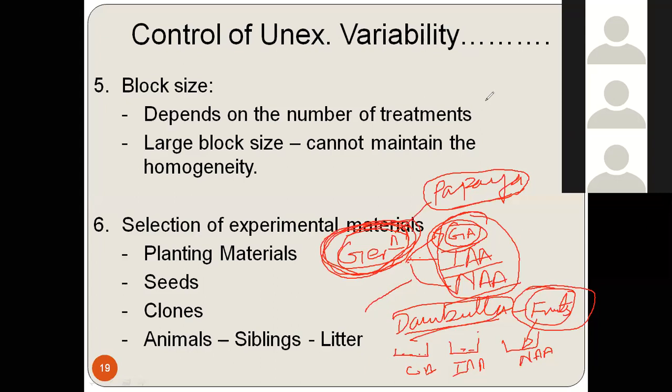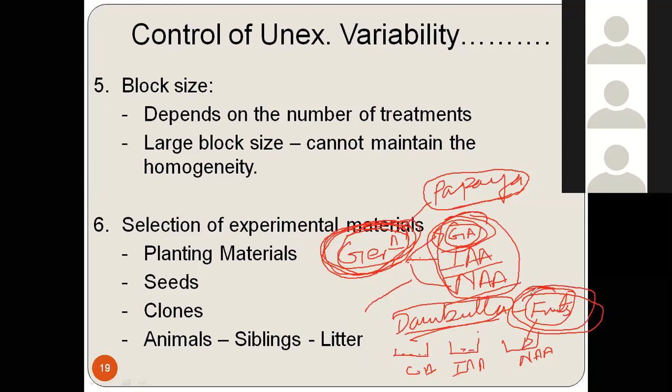So when you say variety, that means there is already variability. That is how we separate them as varieties. After separating them as varieties, these fruits again cause some variability. If you bring those fruits and put them into the experiment, that is a problem.